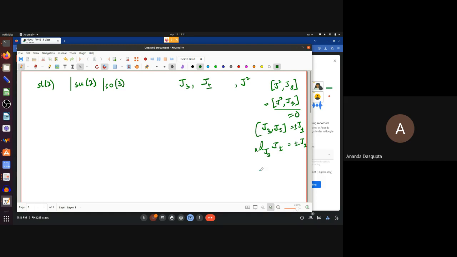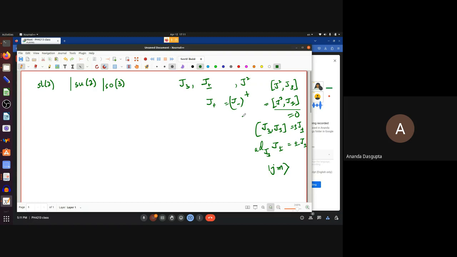This tells you that if you have a state Jm, which are of course eigenstates of J square and J3, then the application of J plus and J minus respectively will raise or lower the M value while keeping the J value intact. And you have used other results, like J plus and J minus are adjoints of each other, to figure out the normalization of states and stuff like that.